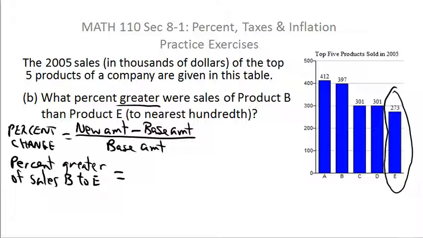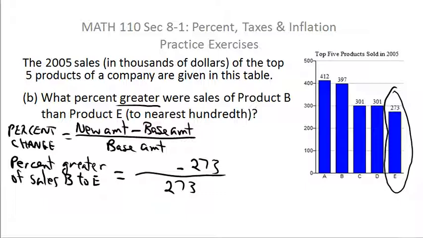We're comparing B sales to E, so E is considered the base. What you're comparing it to is what you started off with. So the base amount is 273. When you're doing percent increase or percent decrease, the base amount is what you're comparing it to. You're comparing B to E.